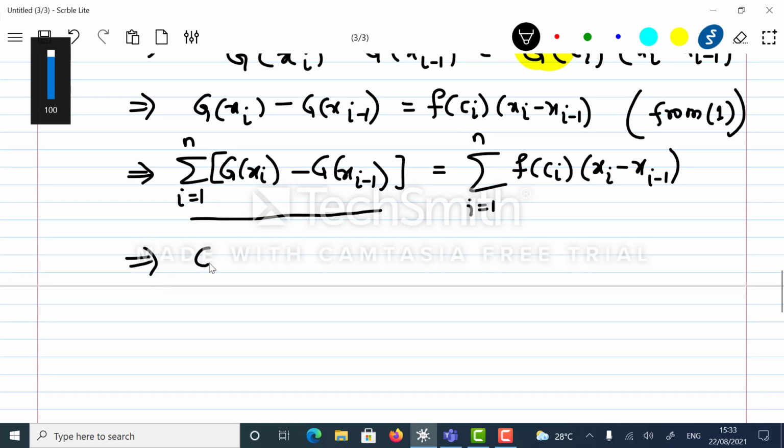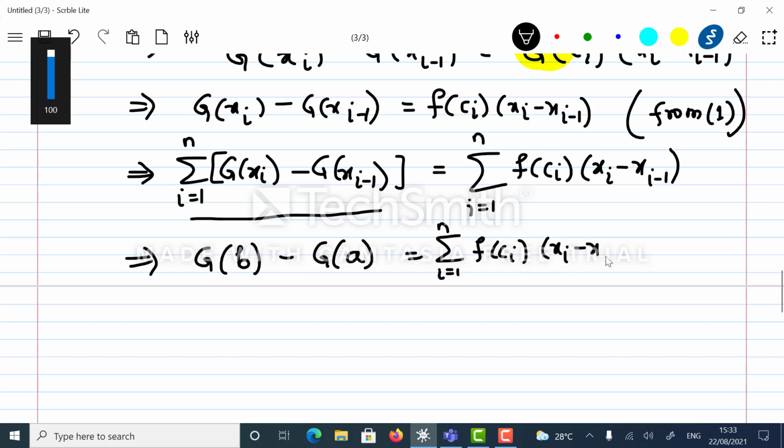I will be left with g of xn minus g of x0, but g of xn is b, so g of b minus g of a is equal to the summation, i goes from 1 to n, f at ci times (xi minus xi minus 1). So let me call this number 2. This is going to be important for me.